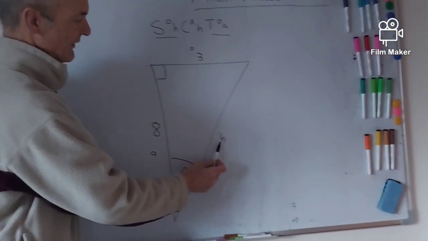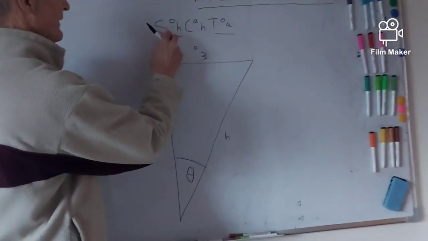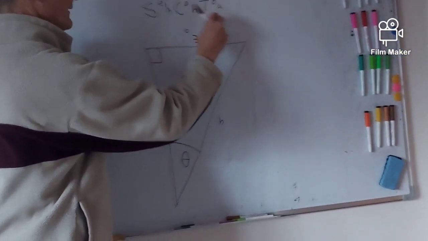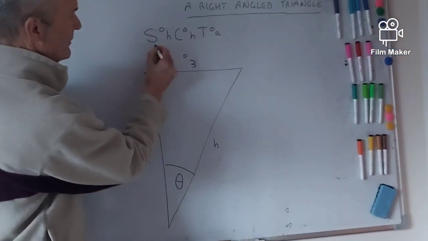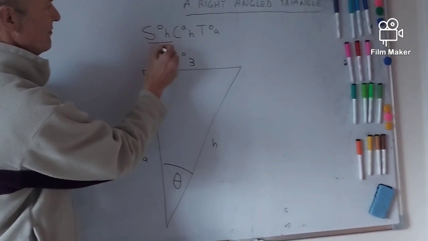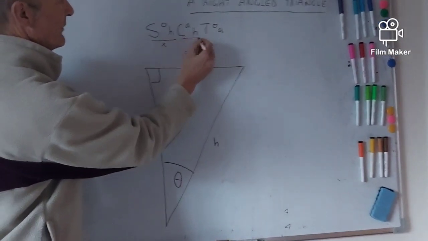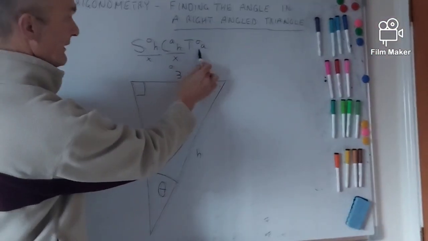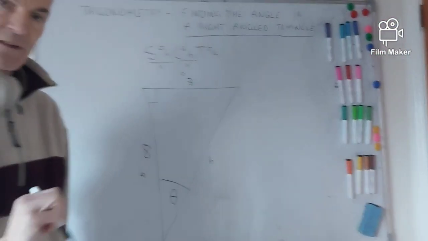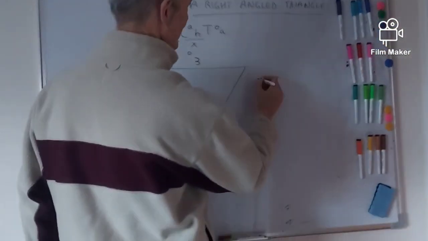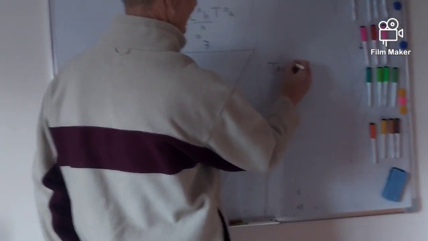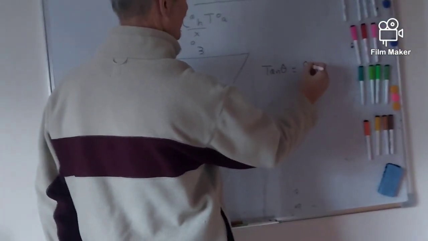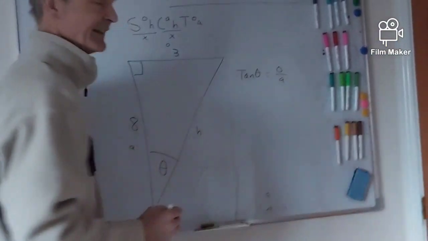Now we're not interested in that side. That one's got an H in it, we don't want that. That one's got an H in it, we don't want that. So the one we're going to be using is the TOA. So let's write the formula down. We've got tan theta equals opposite over adjacent.